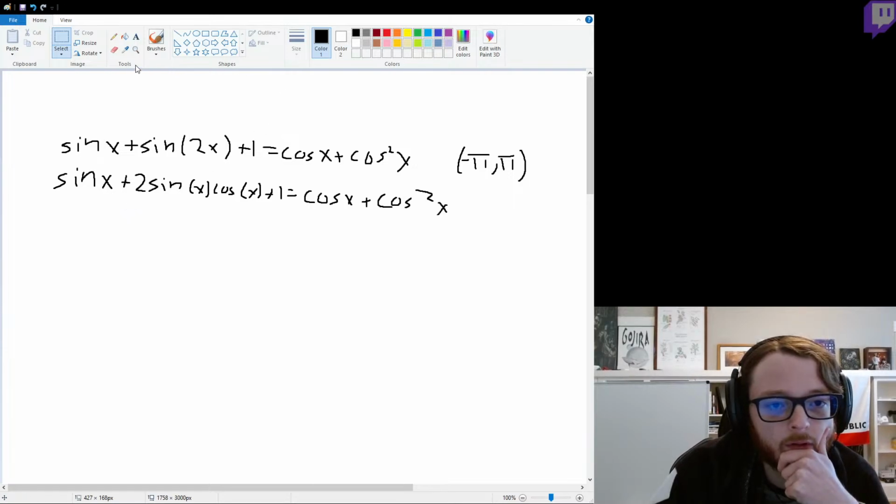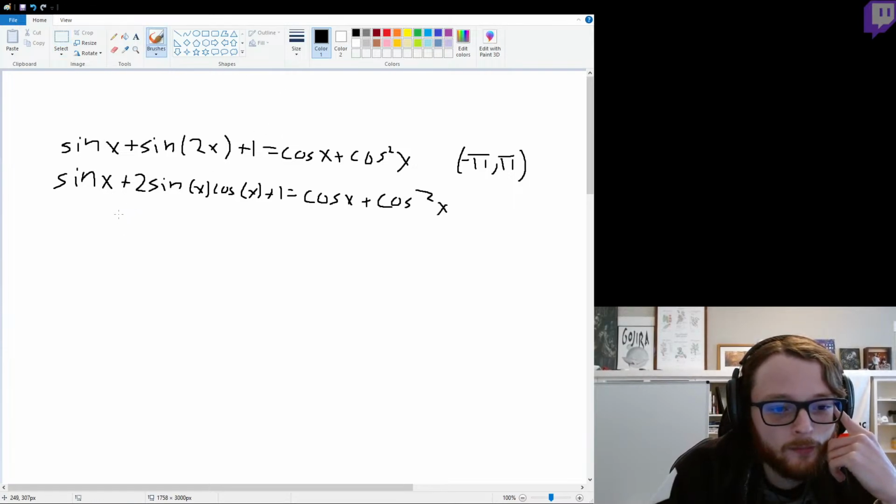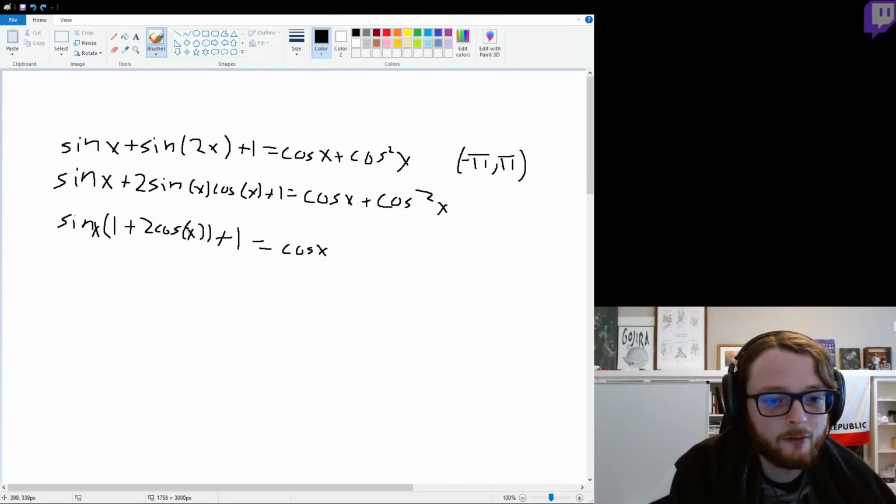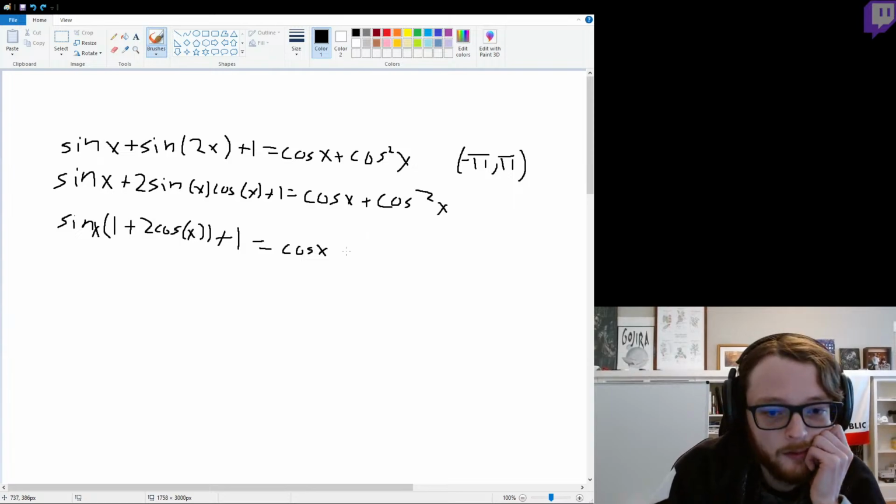So it sounds like you're saying from this step we could potentially factor out a sine x just from these first two terms. And this looks sort of like a half angle with cosine, is what it sounds like you're saying. It's not, though, because we would need a squared, or that'd have to be like 2x or something like that. Well, you still could apply it, it just is going to look messy.